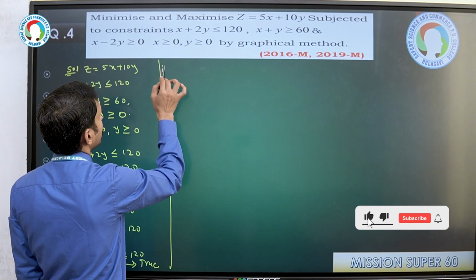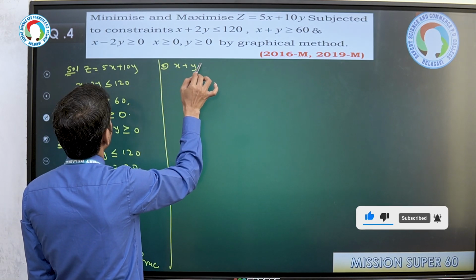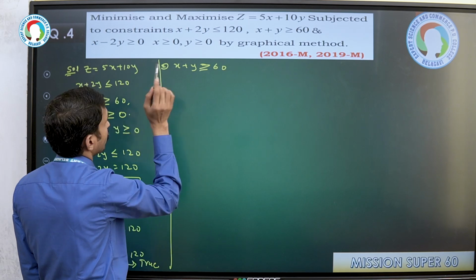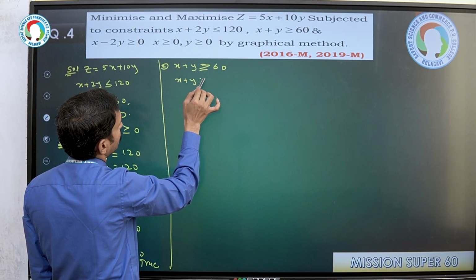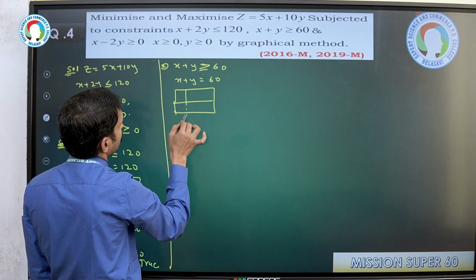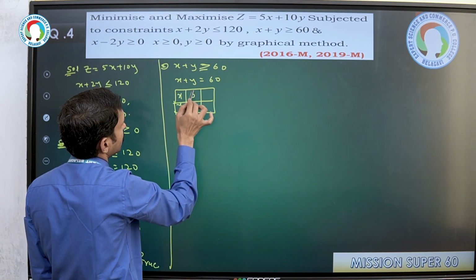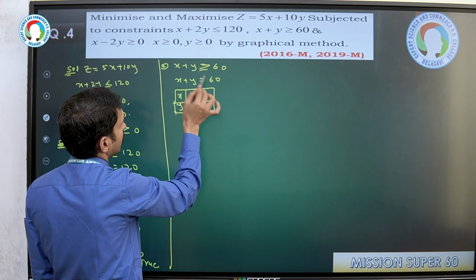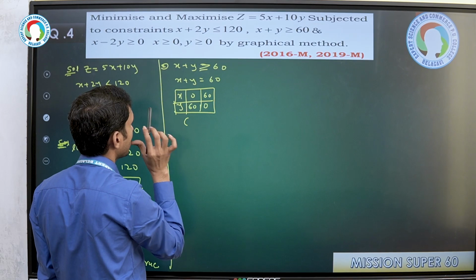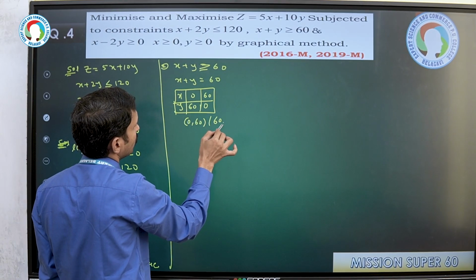So, let us take the second one: x plus y is greater than or equal to 60. So we take x plus y equal to 60. In the table of x, y, if x is 0, y is directly 60. If y is 0, x is directly 60. So you get 0, 60 and 60, 0.